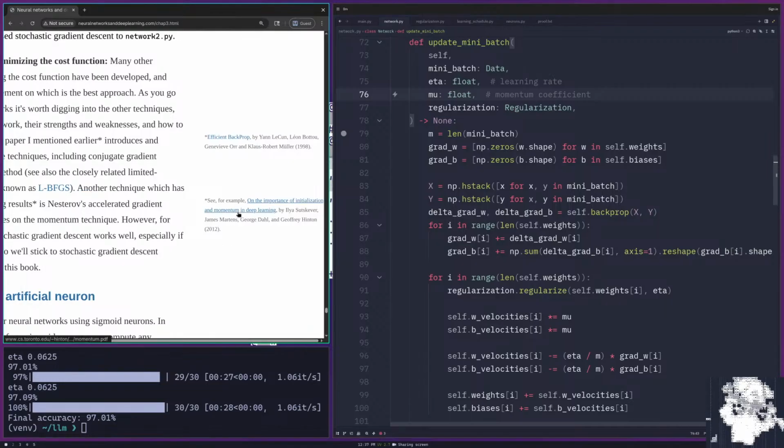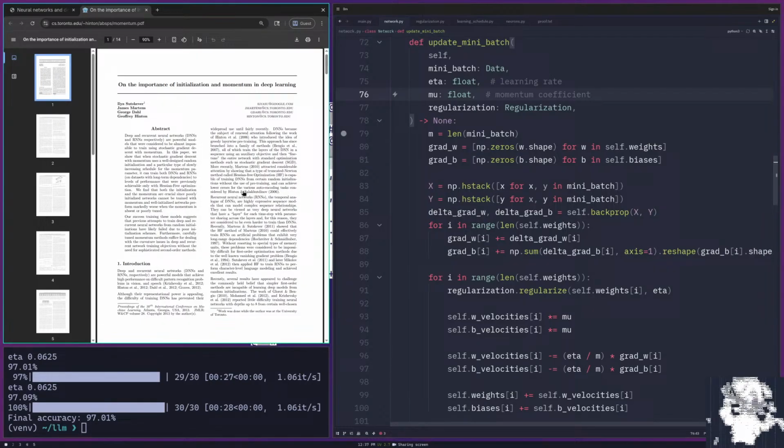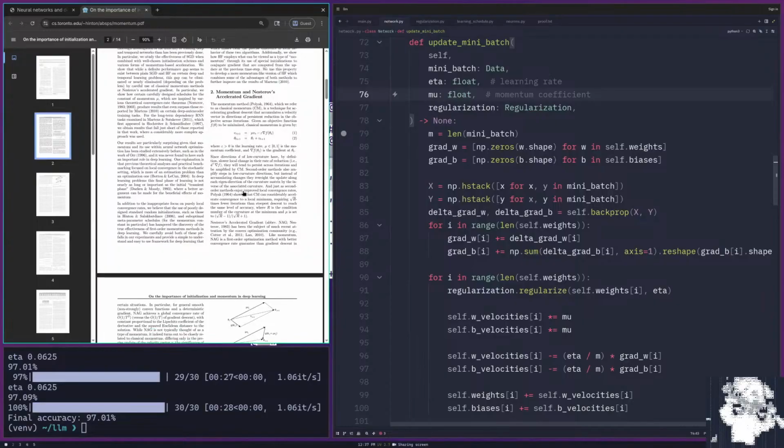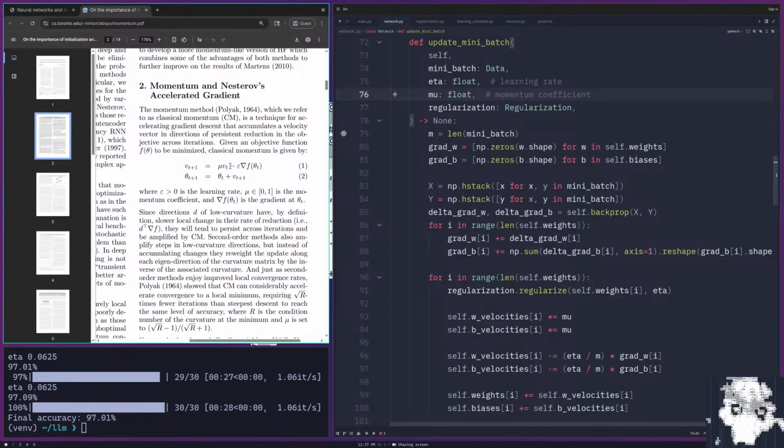I'm guessing that none of these other techniques are going to be very easy to implement, right? So this seems to be what we just learned.